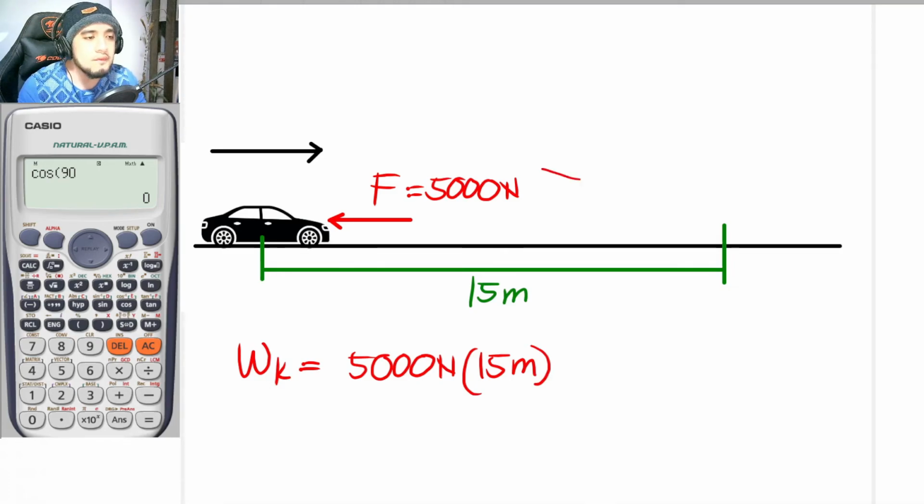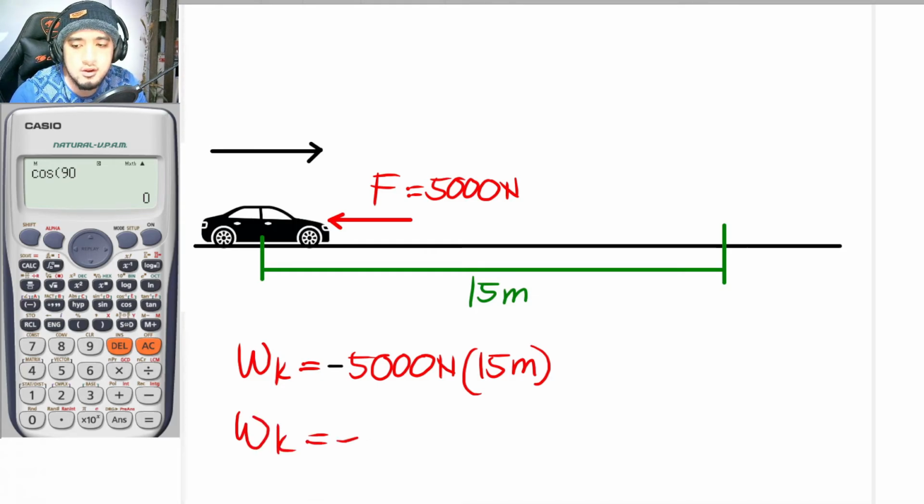But take note, if they are opposite to each other, as you can see, the force is pointing towards the left and the displacement is measured from left to right, so they are reversed, you would apply a negative sign here. So the work done here is negative.